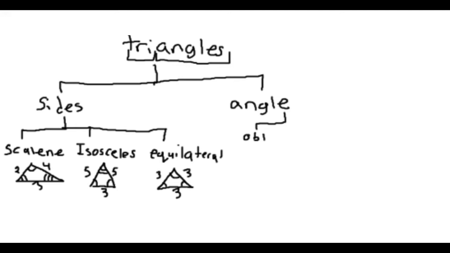So we have obtuse triangles, we have right triangles, and we also have the cutest, acute triangles. So for obtuse triangles, a triangle is an obtuse triangle if one of the angles in a triangle is obtuse.